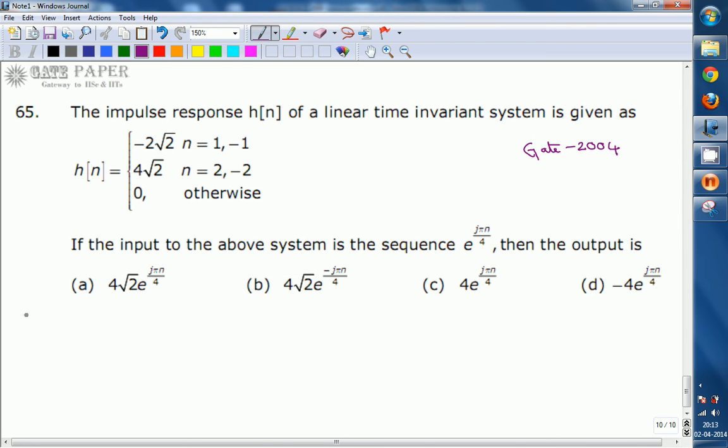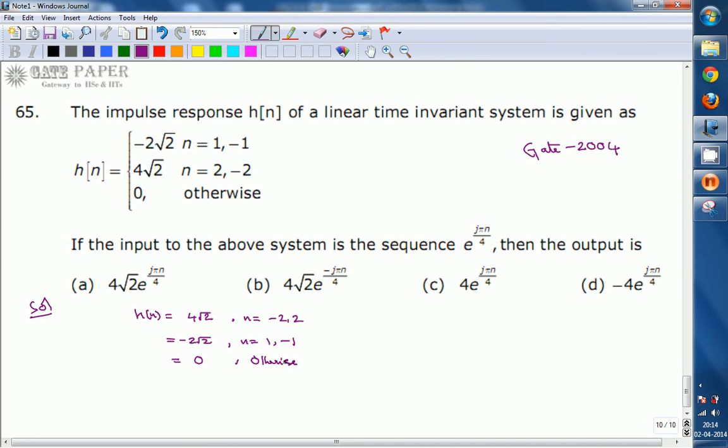Coming to the solution, given that h of n has the magnitude 4 root 2 at n equals 2 and minus 2, and minus 2 root 2 at n equals 1 and minus 1, and 0 otherwise.